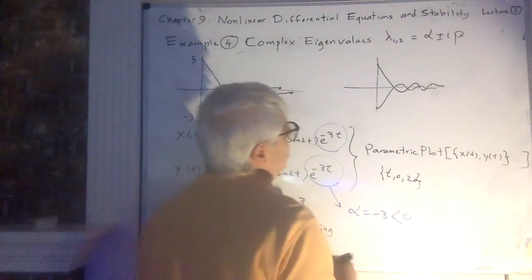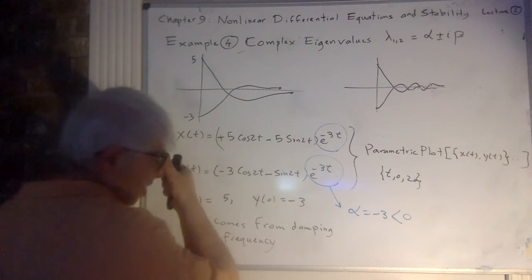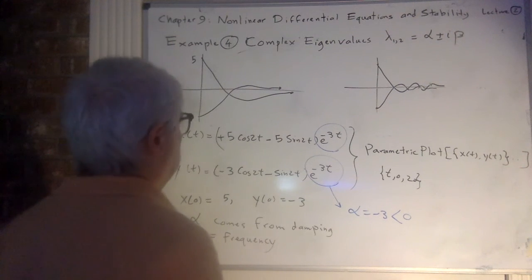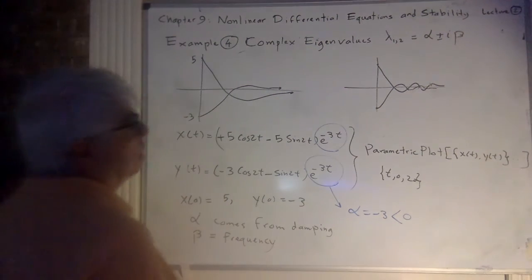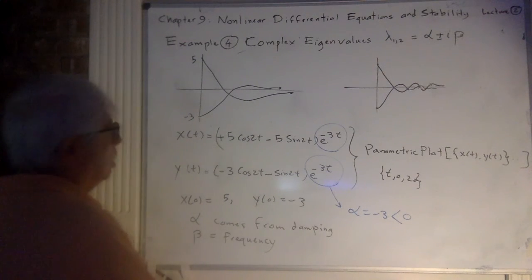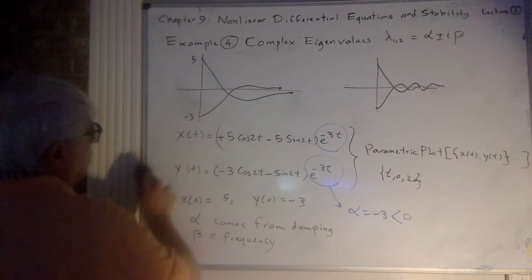So they both go to 0 with negative or positive alpha. If alpha is too large, then it damps like this. If alpha is small, then it vibrates and then damps. So these are these two separately.